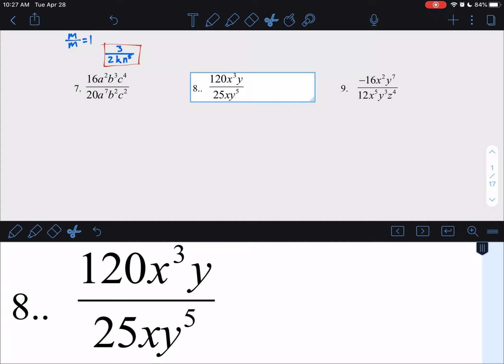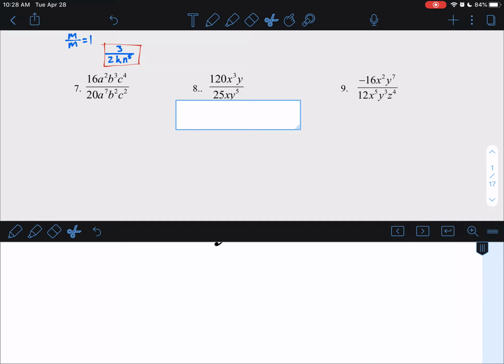So for this one, again, we're splitting things up into fractions, grouping based on the variables they're with. So I have 120 over 25 is the first thing I'm going to need here. So the factors of 25 are 1, 5, and 25. Nothing else goes into 25. And I know 120 isn't divisible by 25, but I know it's divisible by 5, which means the greatest common factor of both of these is 5.